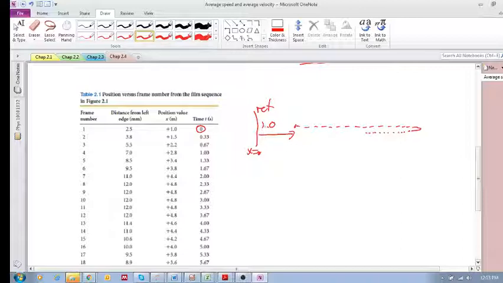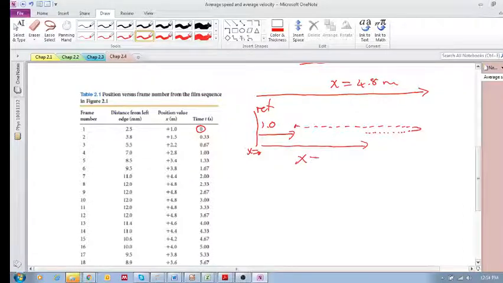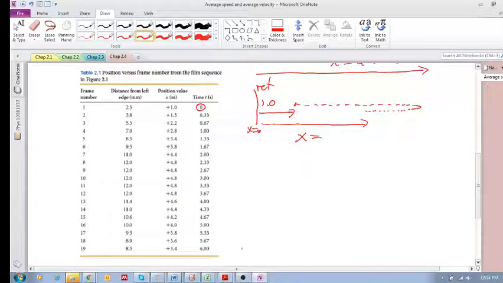His starting position is 1 meter, and the maximum position, if you recall, is 4.8, measured from this reference frame. Then he begins to walk backwards, and that ends at x equals 3.4. So he starts at 1, increases 1.5, 2.2, 2.8, all the way to 4.8, and then he stays at 4.8. Then he begins walking backwards, 4.6, all the way to 3.4.